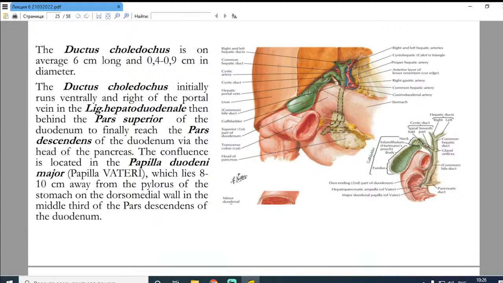Pars descendens, papilla duodeni major, ductus choledochus, ductus pancreaticus, gallbladder.